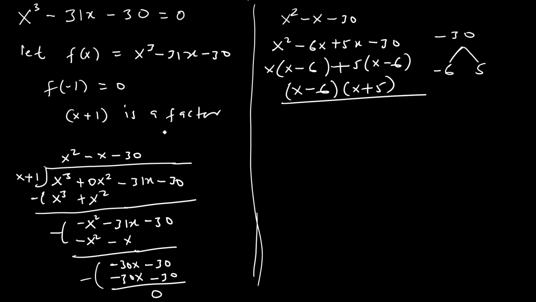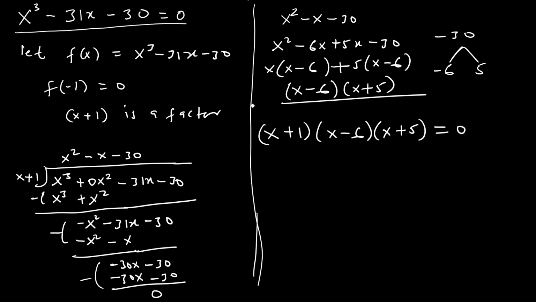So let's join to the first factor. We have x plus 1, then x minus 6, x plus 5 equals 0. Now, when we multiply these factors, you get x cubed minus 31x minus 30.